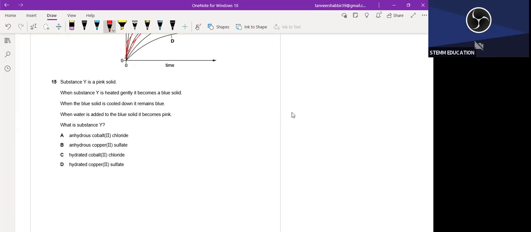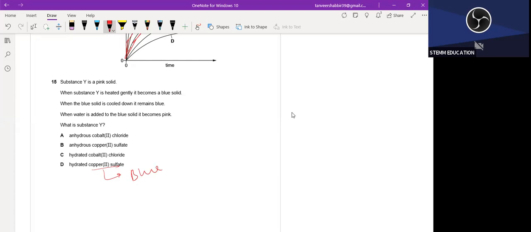So we can take an idea that the compound should be hydrated, either hydrated cobalt(II) chloride or hydrated copper sulfate. But we know the color of copper sulfate is blue.